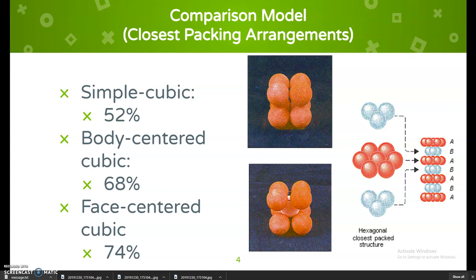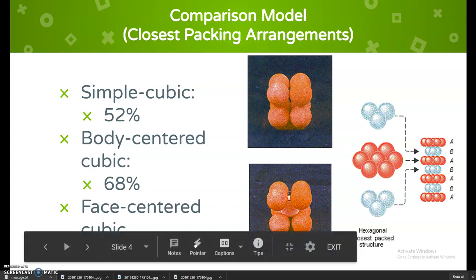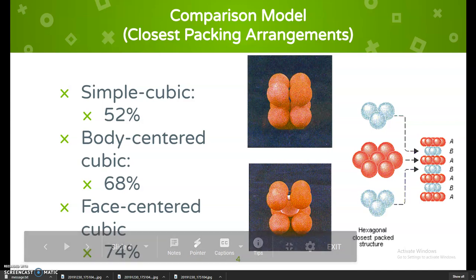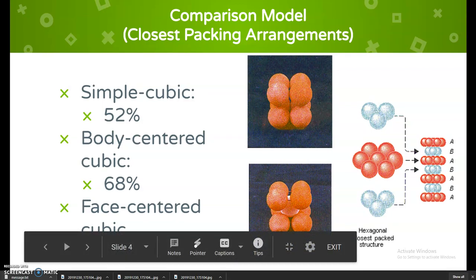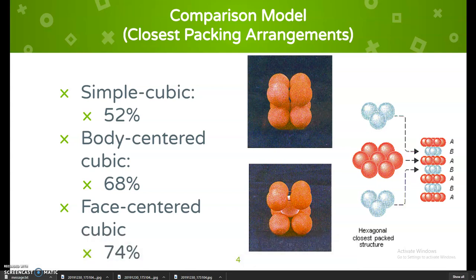However, in simple cubic packing, each unit cell, which is what one unit is called, contains exactly 1 atom's worth of atomic volume. Additionally, simple cubic packing allows for a 52% efficiency, which means that about 52% of all the space in the substance is actually comprised of atomic substance.